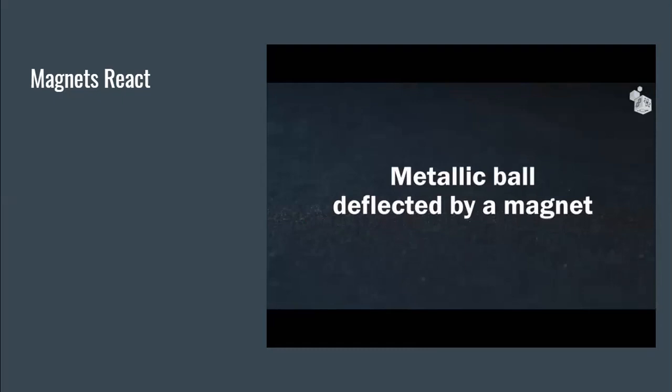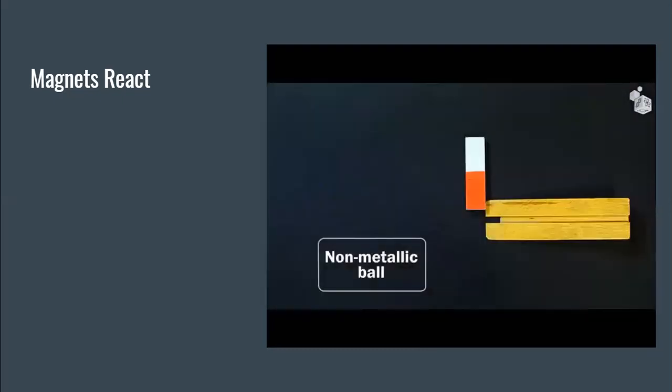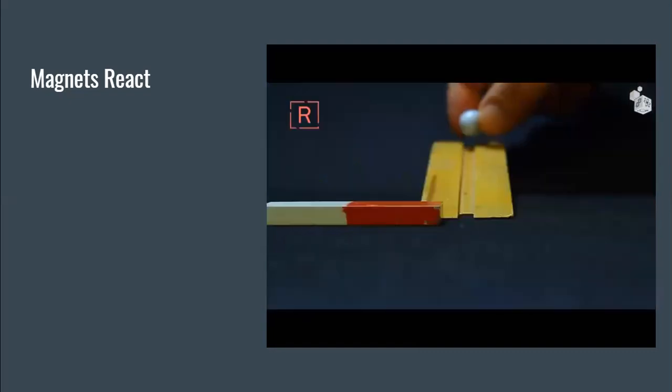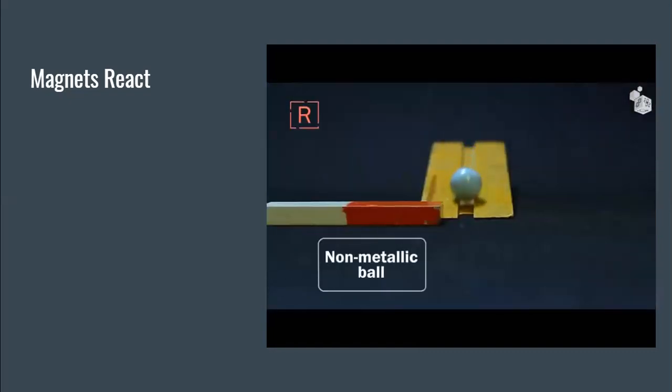Now let's watch a metallic ball be deflected by a magnet. This first one is a non-metallic ball. You can see that it went straight down the ramp. Here's the second one. It's a metallic ball goes to the side.